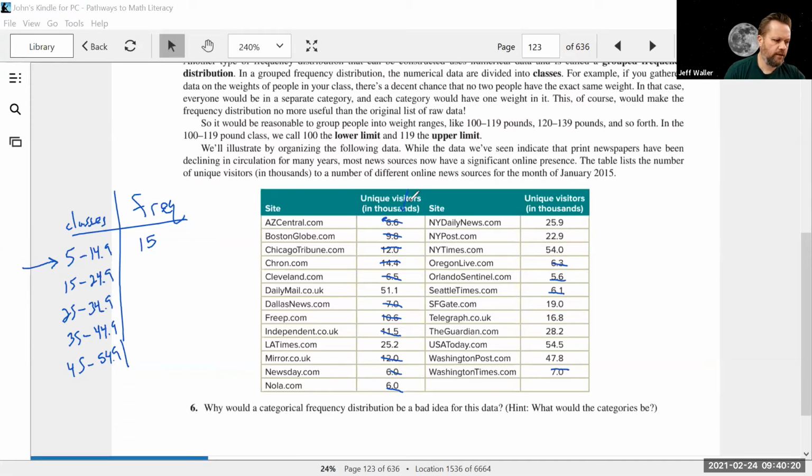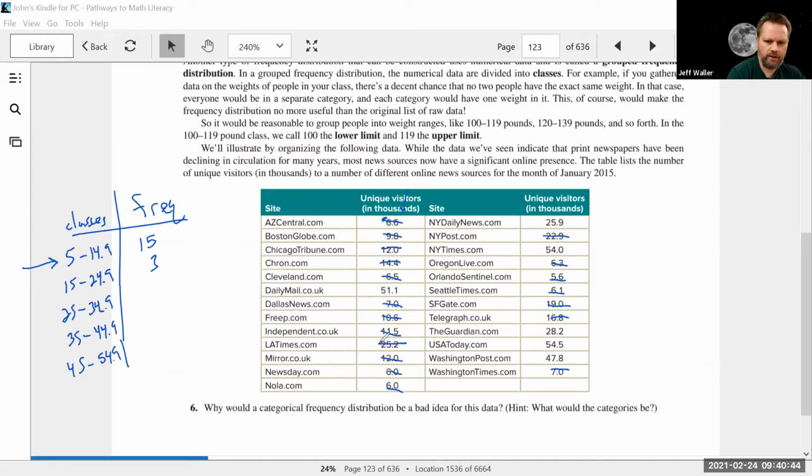All right, I'm going to keep going if everybody's with me. So it's a lot like what we just did with the non-numerical data. It's the same thing. And so 15 to 24.9, let's see. 1, 2, 3. 3, it looks like. Is that right? Yeah, I got 3. Yay! And then 25.